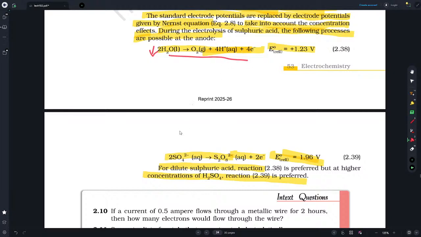Both this one as well as this reaction are oxidation reactions. Oxidation happens at the anode, and at the anode in lower concentration of H2SO4, this reaction is preferred, whereas at high concentration of H2SO4 at the anode, this reaction is preferred.